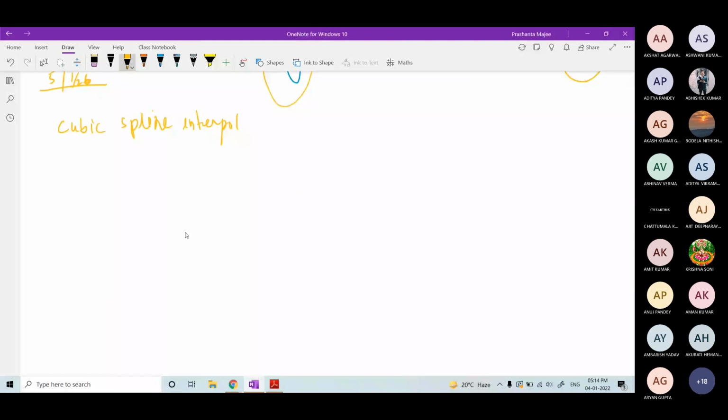So suppose this is the x axis, this is the y axis, and these are the data points. Let's say x0, x1, x2, x3. Only these 4 data points are there. Let me add one more, x4. These 5 data points are there.